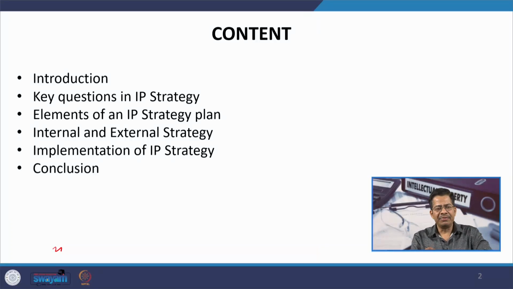Here we are going to discuss some of the key questions in developing the IP strategy, the elements of the IP strategy plan. We will see there are two very important elements, internal and external. What are the various components of internal strategy and of external strategy, and then how are we going to implement this IP strategy.